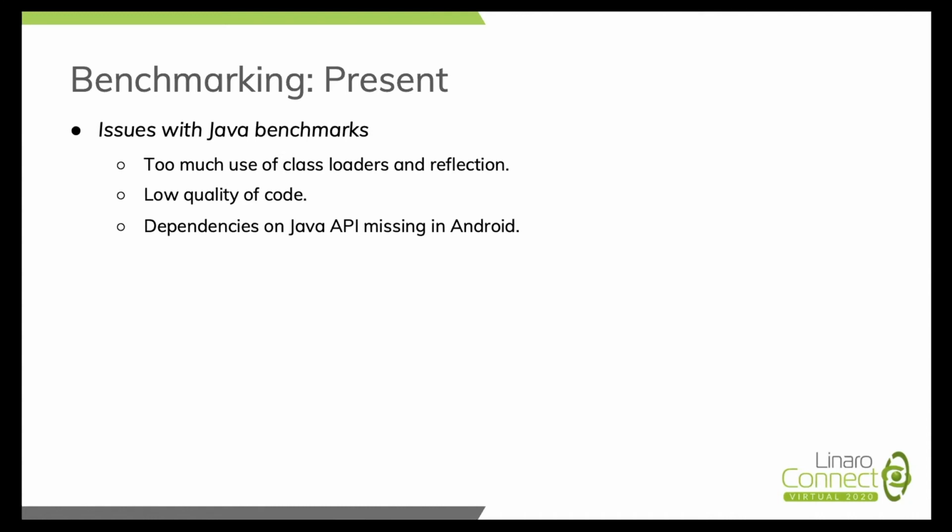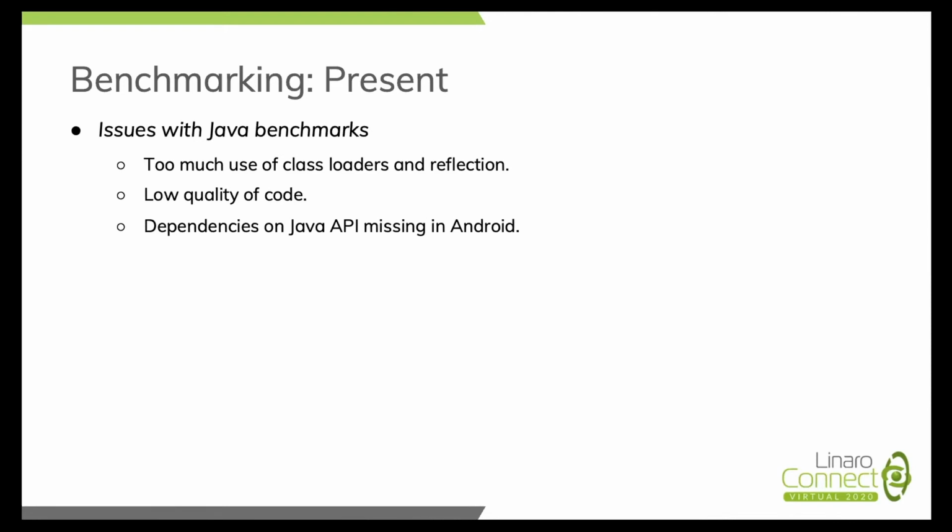And of course, the biggest problem is dependencies on Java APIs which are missing in Android. You may know that the major Java API for Android is still Java 8 with some additional features from Java 9. And most modern Java benchmarks have moved to newer Java APIs like 11 or higher.